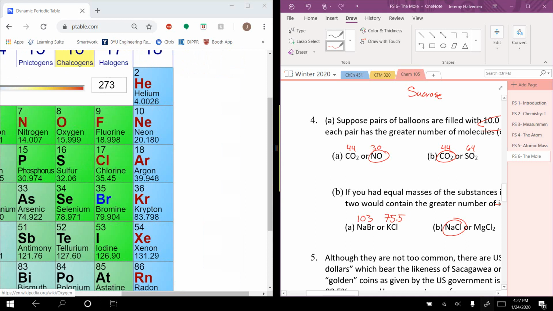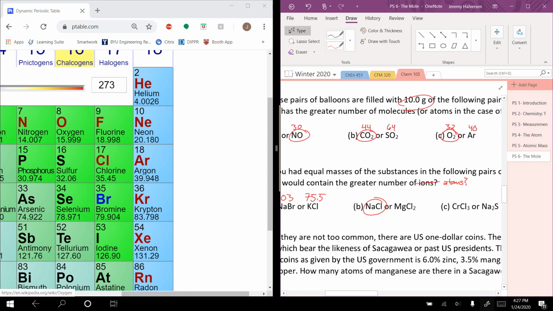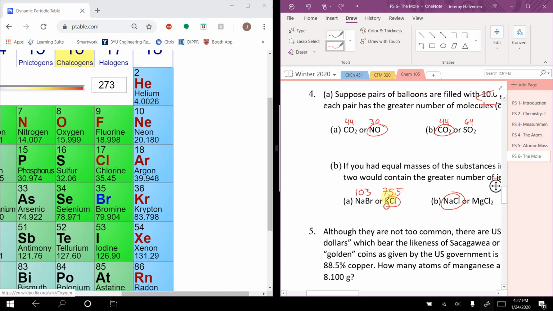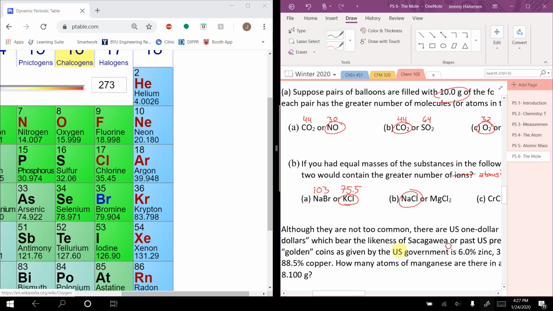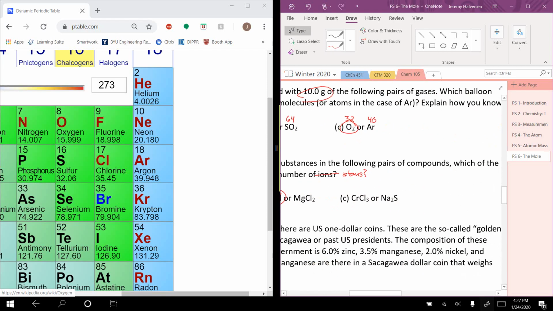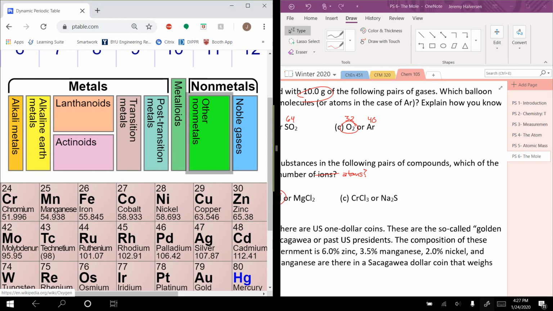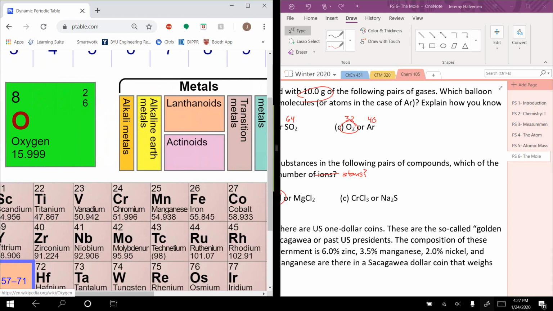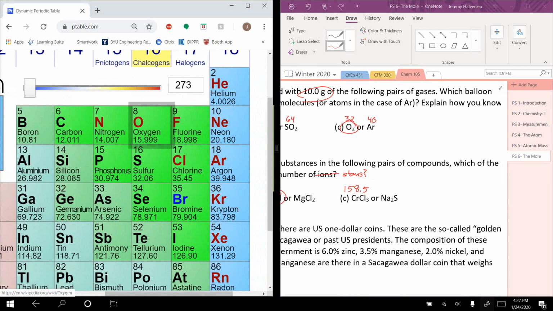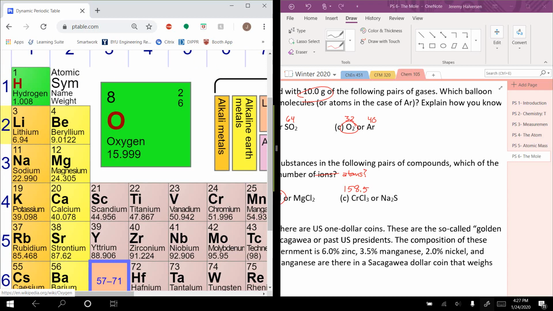Okay, which means if we had equal masses, we would have a greater number of atoms in KCl. Over here, CrCl3 has a mass of 158.5, and Na2S has a mass of about 78.